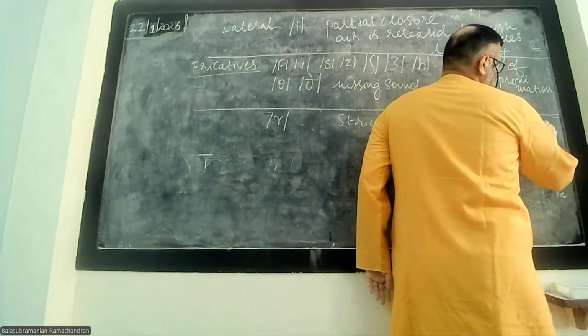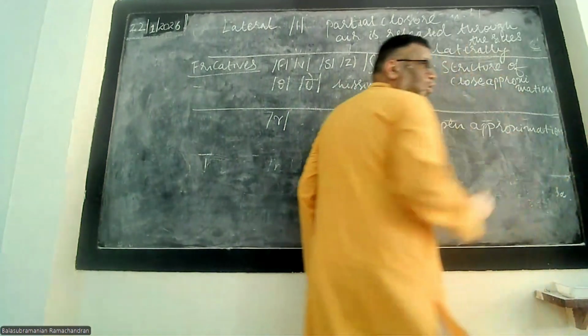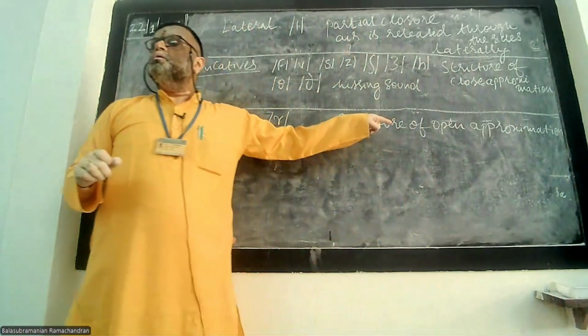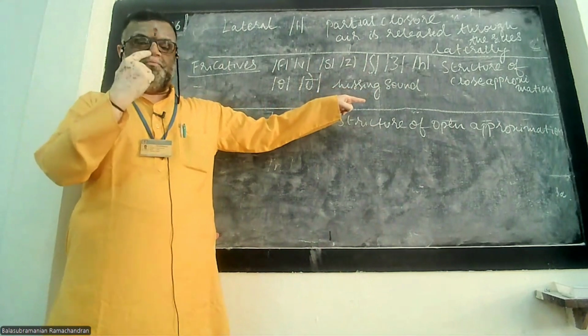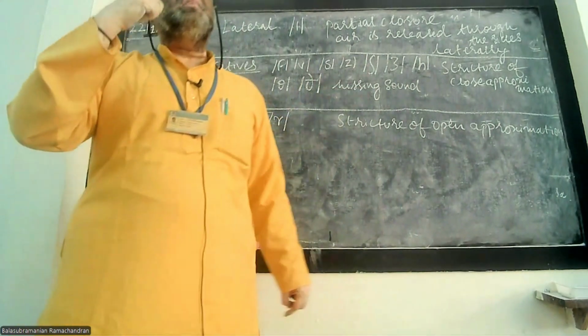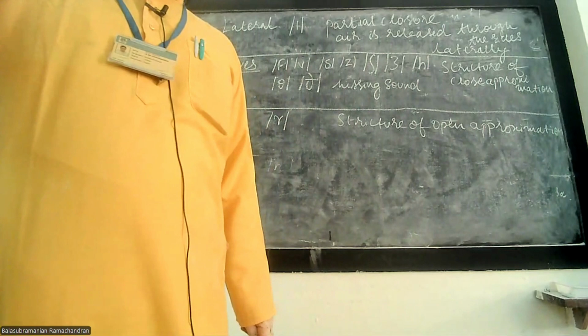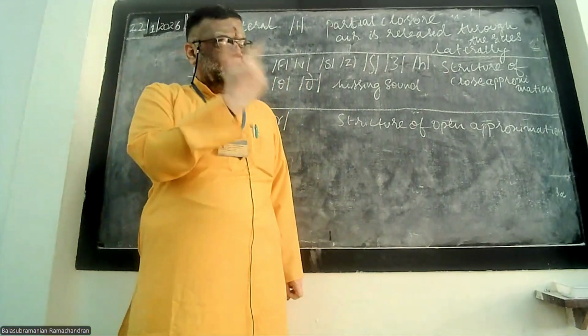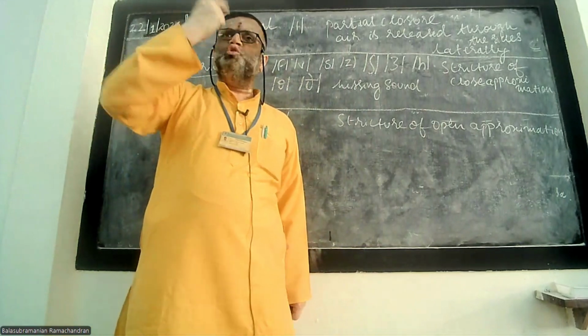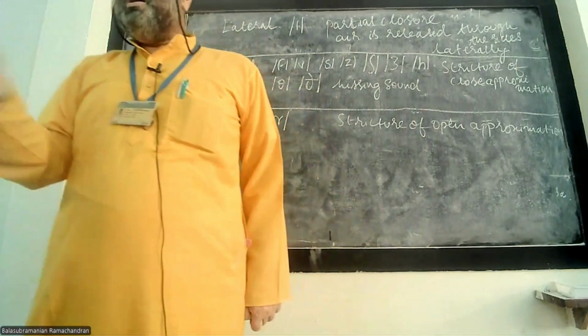Open approximation is that stricture in which the articulators come together, but the air that comes out does not come either suddenly like for plosives, or with delayed release like for affricates, or through the nose like for nasals.